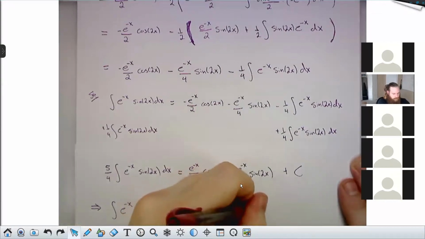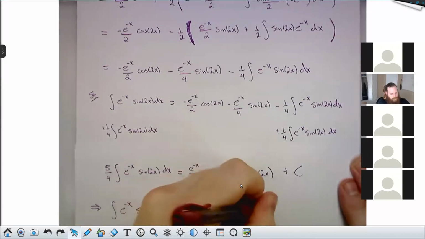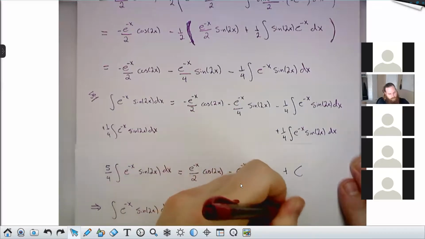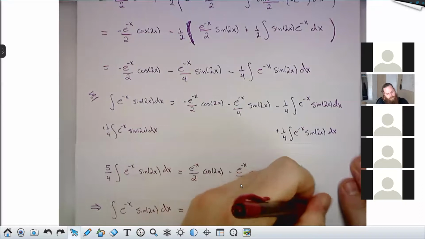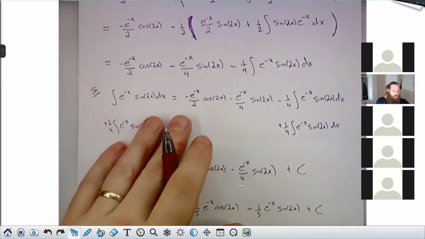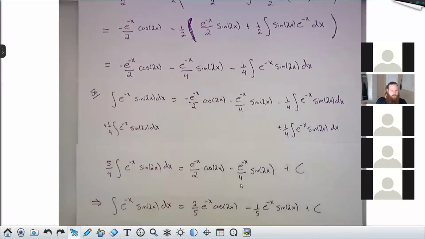So 1/5 e to the negative x sine of 2x. And the plus c stays the same. You don't need to change the plus c. Okay, so that's the result here.